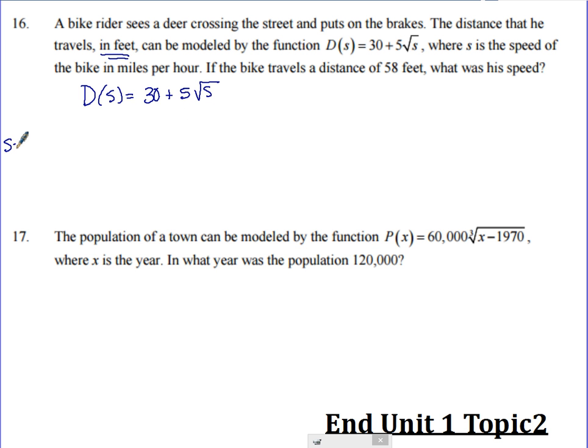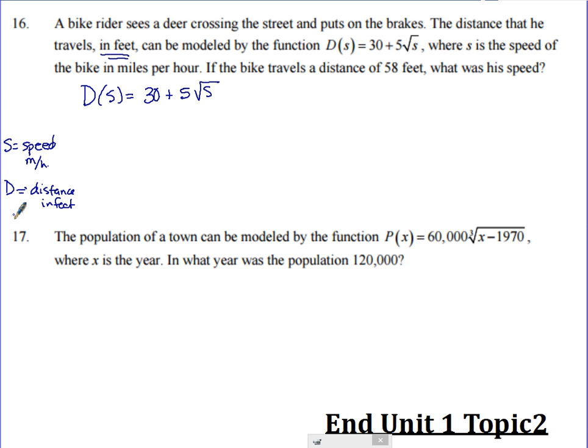So s is speed in miles per hour, and d is distance in feet.